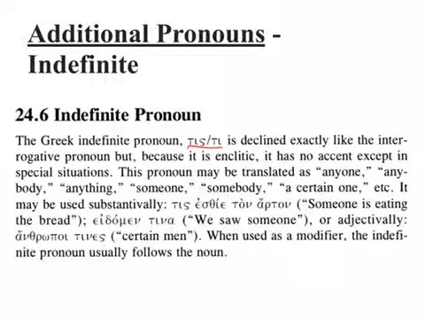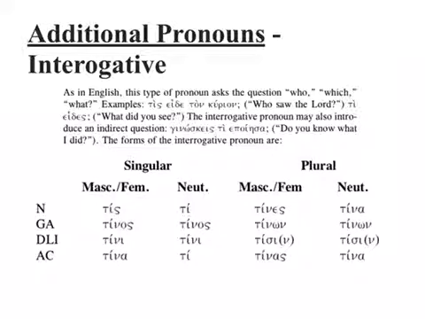In the next slide we're going to look at the interrogative pronouns, I believe. The main difference between these is this one has no accents, so it's enclitic, whereas the interrogative is going to have accents. So this looks exactly the same as the indefinite pronoun, which is anybody.